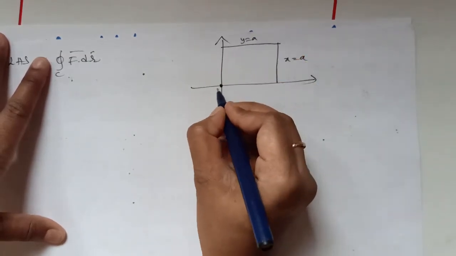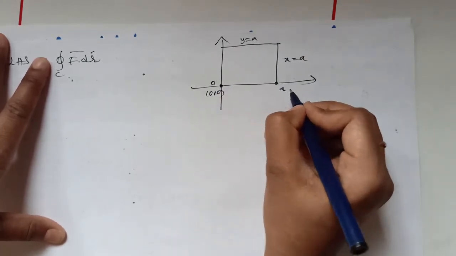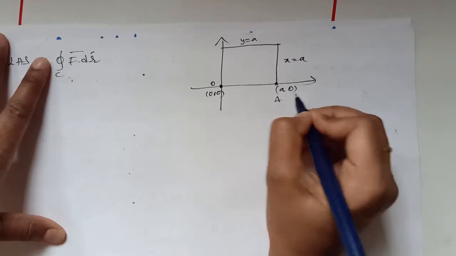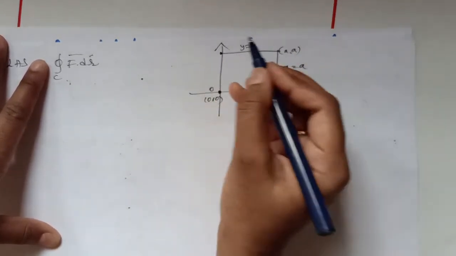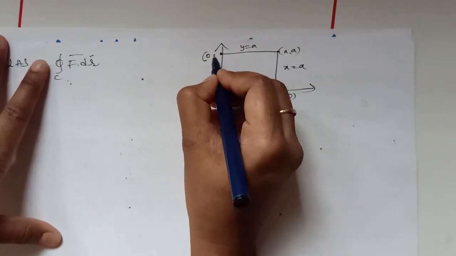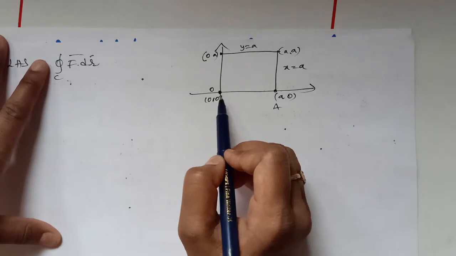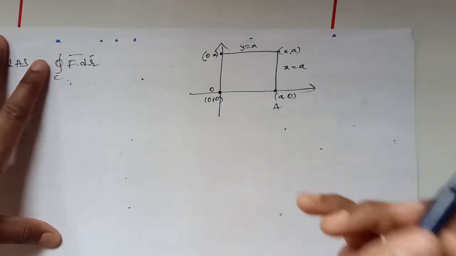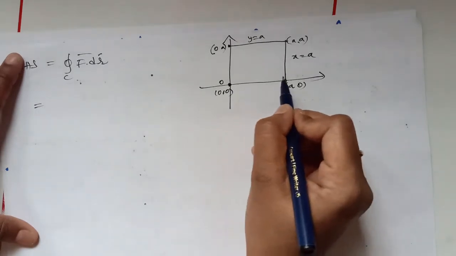Therefore, the coordinates are 0, 0, O; a comma 0; a comma a; and 0 comma a. We have drawn a square with these vertices. It has 4 sides, no?